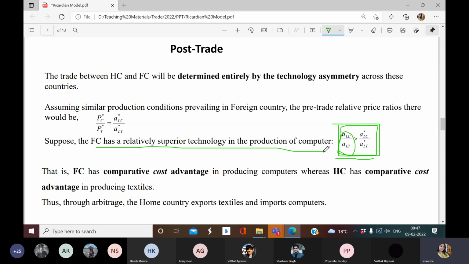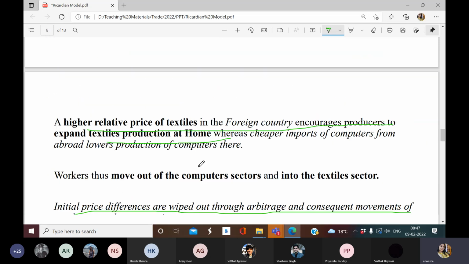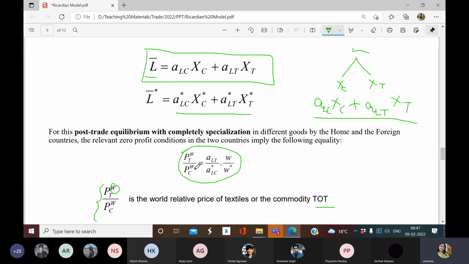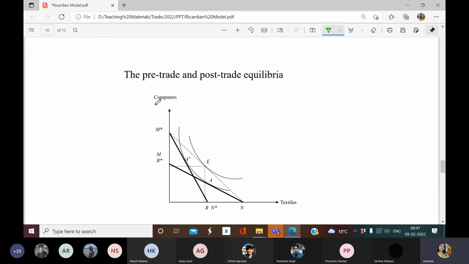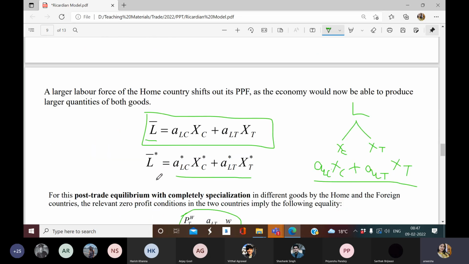So aLC by aLT is greater than aLC star by aLT star, right? These are your full employment conditions, and you are plotting computer on the vertical axis and textile on the horizontal axis.